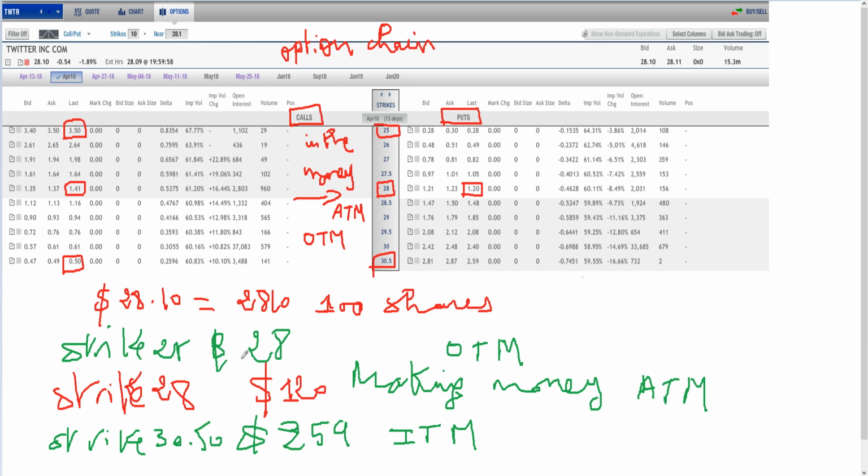Okay, so you understand here that you are paying only a little, $28. But with this $28, you control 100 shares, you control $2,810 by just paying $28. But let's say the stock is going down. If it's going down from 28 right now to 25, you will see that this 28 becomes bigger and bigger and bigger, and then you can make money.